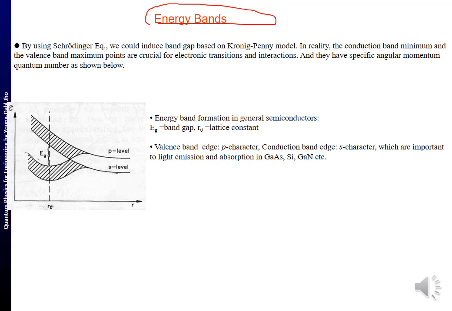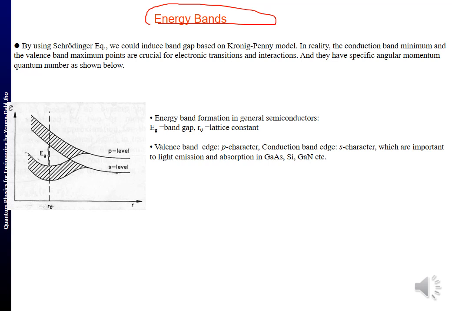In reality, the conduction band minimum and the valence band maximum points are crucial for electronic transitions and interactions, and they have specific angular momentum quantum numbers as shown below.